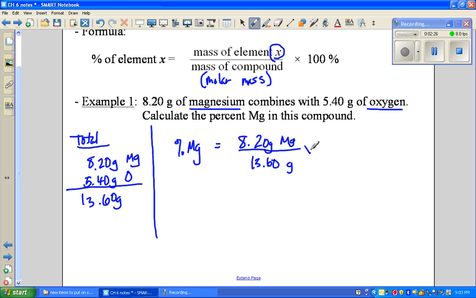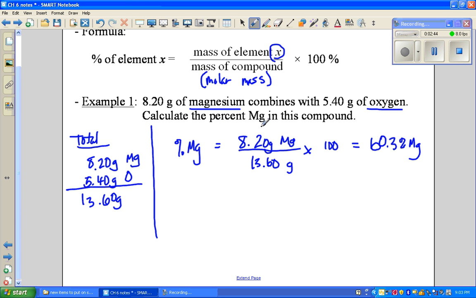The grams will cancel out, times 100. I have 3 sig figs and 4 sig figs, so I'm going to put my answer in 3 sig figs, so I got 60.3% magnesium.